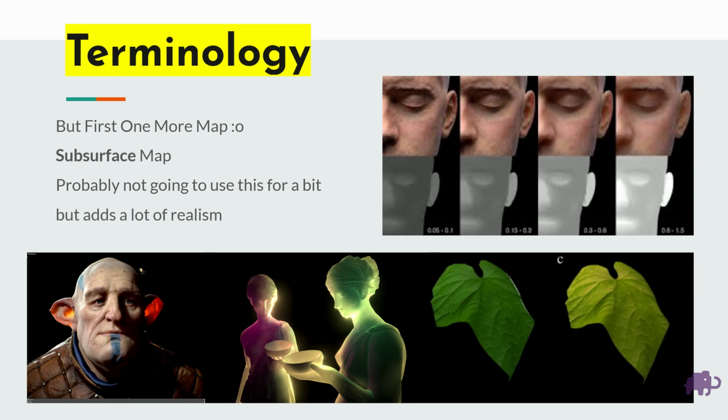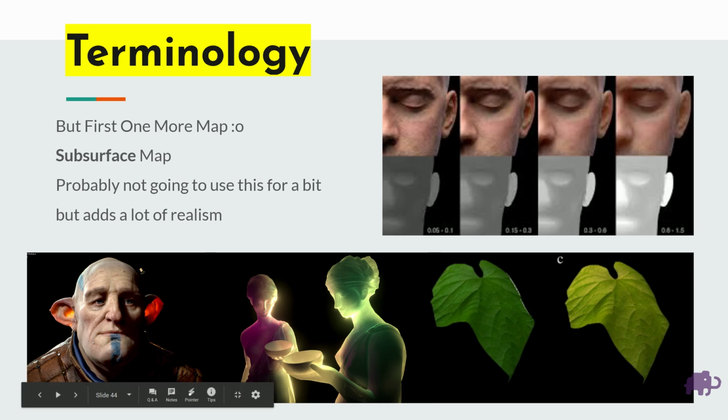So that's heavy, right? So what a subsurface map can do is it can actually say, in an object, light will pass through these areas. It's like thinner, and if you look at the ears here, it's a great example because our ears behind a light, with the cartilage and everything we have, let light pass through, and because of the blood flow in our ears, it's kind of red, you know.